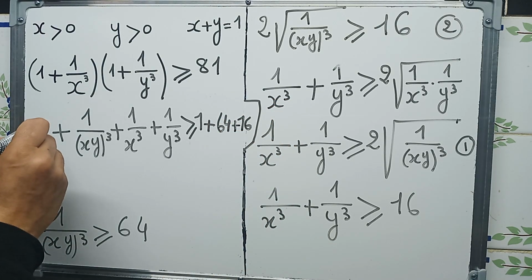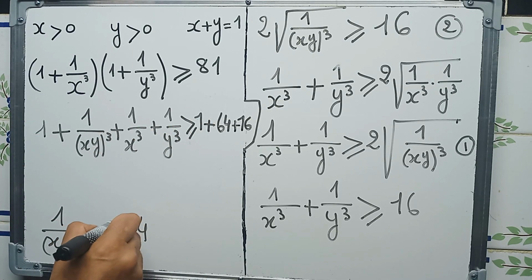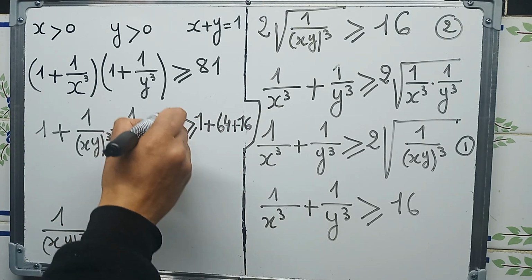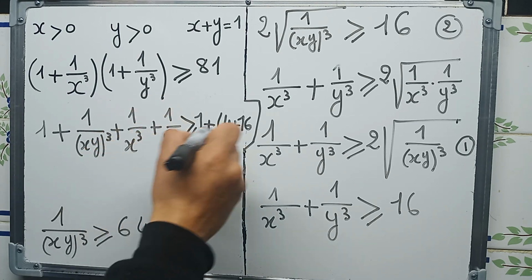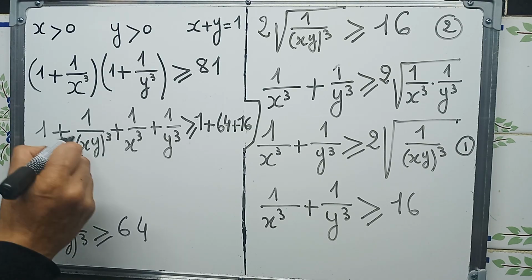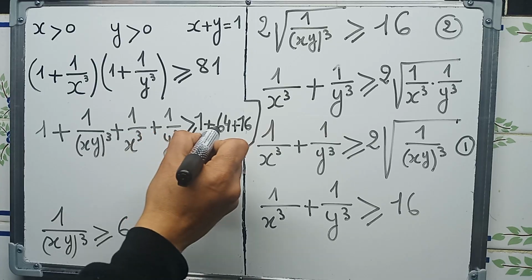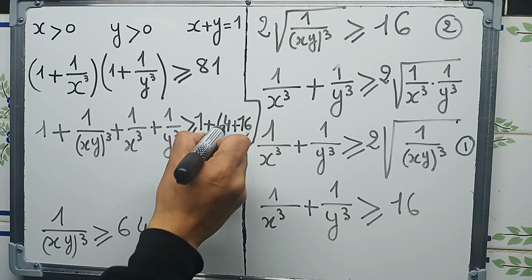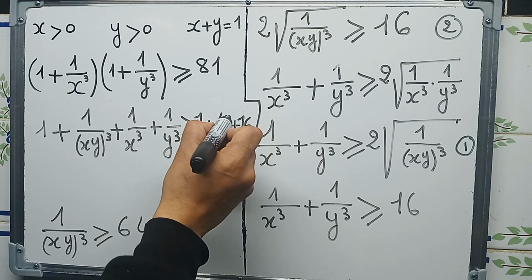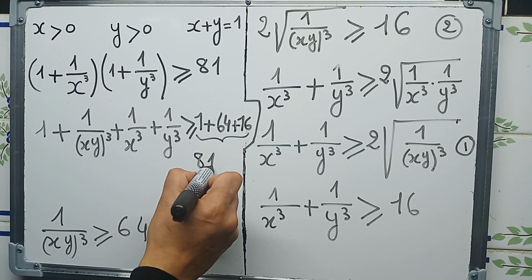You see, this is 1, and here 1 over (xy) cubed is at least 64, and this term is greater than or equal to 16. And now, finally, I just have to calculate: 64 plus 16 is 80, 80 plus 1 is 81.